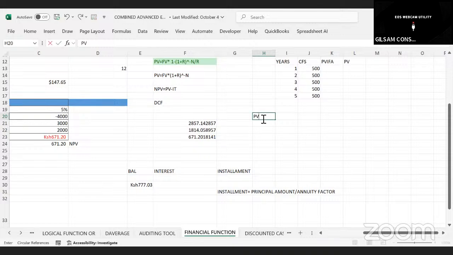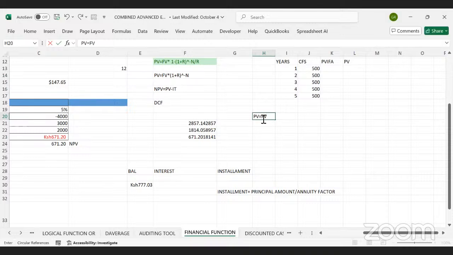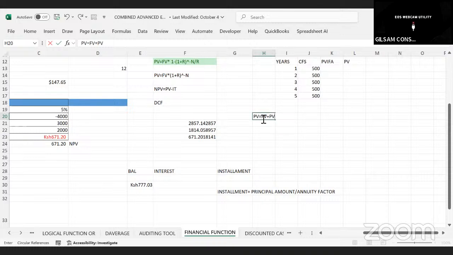Because this one we say the present value, we take the future value number 6 times the PVIF, but this one is not PVIFA because we don't have regular cash flows, so we're using PVIF.